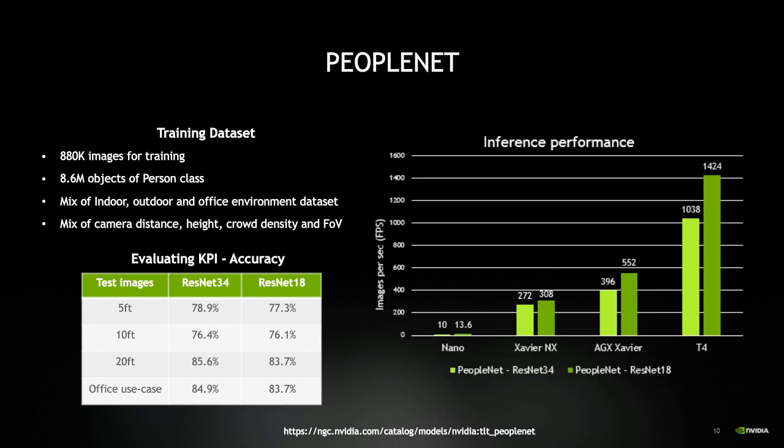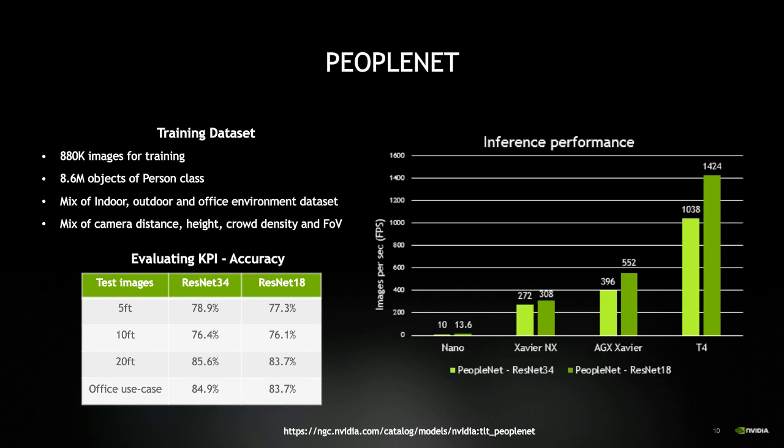As the name suggests, this model is highly tuned to detect people, and we have used almost 9 million objects of the people class. The training dataset consists of a mix of indoor, outdoor, and office environments, with the camera at 5 feet, 10 feet, and 20 feet from the subject. This produces a very good model to analyze crowds and people.